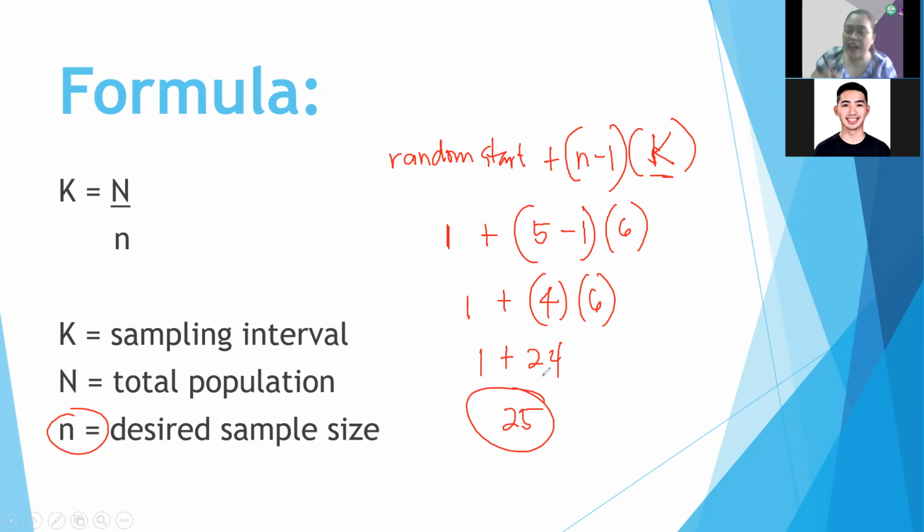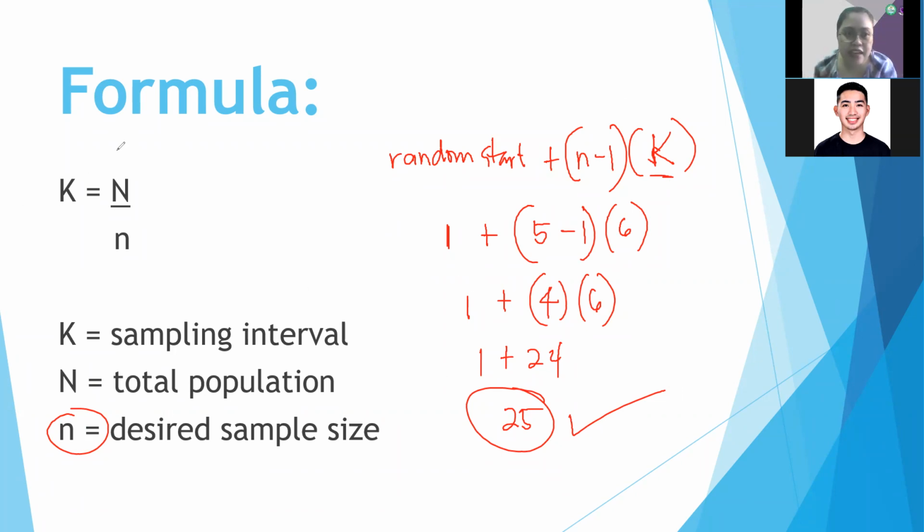Again, this is just done for checking whether the sampling interval was correct. So this one is correct. If you can still remember, the last person selected during the sampling is person number 25. So what he did was correct, based on the desired sample size and the sampling interval.